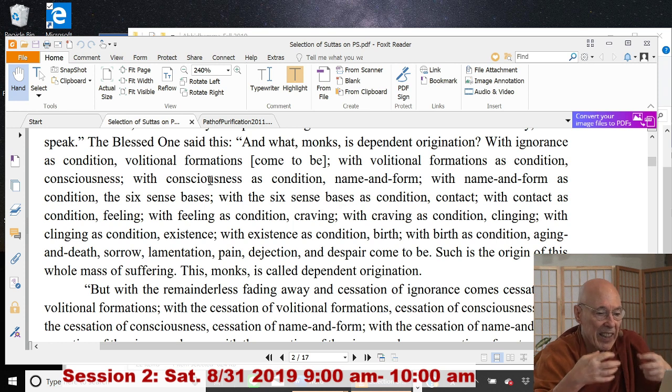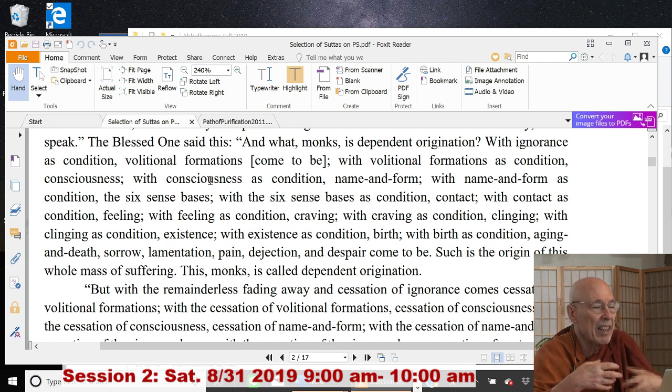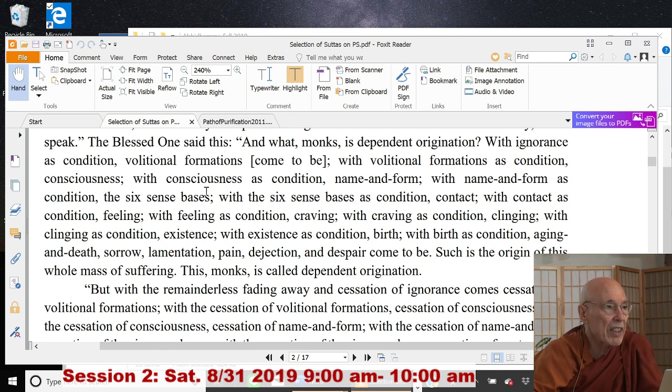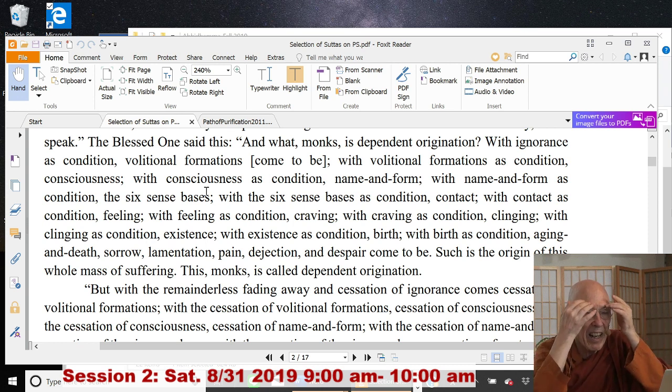Then as name and form begin to develop from the moment of conception on through the stages of embryonic development, there emerge the 6 sense bases. This is the eye, ear, nose, tongue, physical body, and the mind base.